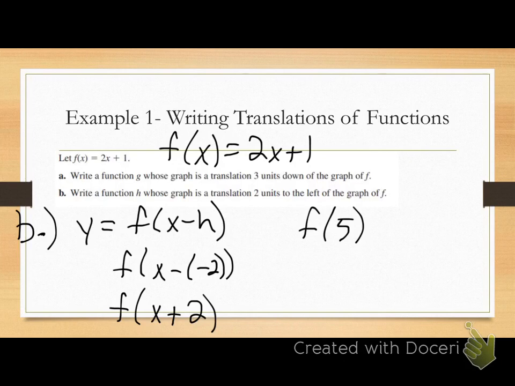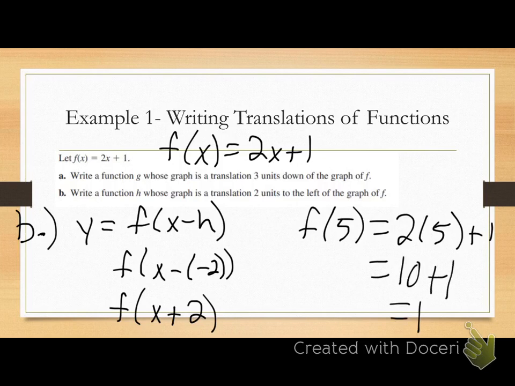So I'm going to replace the x with 5 in my function. Do you guys somewhat remember that from Algebra 1? It's function notation. So you replace the x with 5. You got to do that within your function. And I get 10 plus 1, which is 11. I found the value of f of x when my x value was 5.